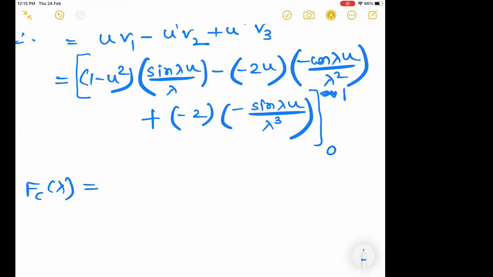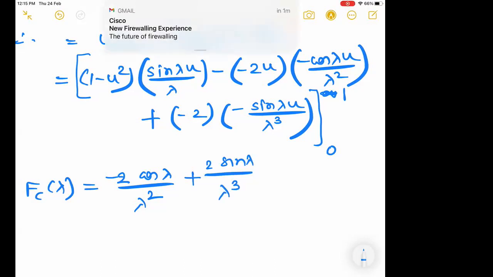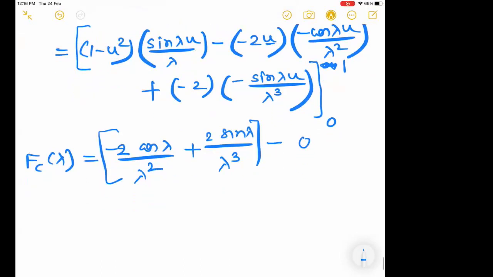So these terms are remaining. That means minus minus plus, that is 2 cos lambda, sorry, it is coming out negative. So it is minus 2 cos lambda upon lambda square. And the next term is plus 2 sine lambda upon lambda cube for the upper limit. And for the lower limit, sine 0 is 0, cos 0 is 1, but that is multiplied with u, and sine 0 is 0. So all the lower limit answers are 0. So only the upper limit answer is this one.